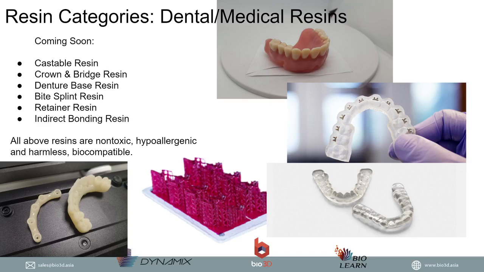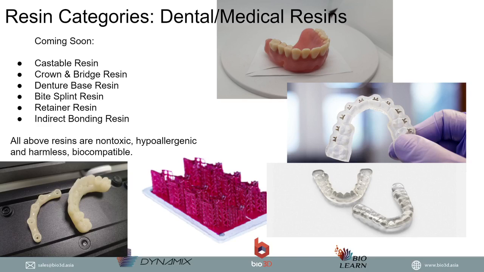It has a high elongation and durability factor, which is perfect for its use. And because a splint sits in the patient's mouth for a really long time, another factor that's very good to note is that it's minimally water absorptive, meaning it will not absorb water and it will not change size. So those are really good things to look out for.